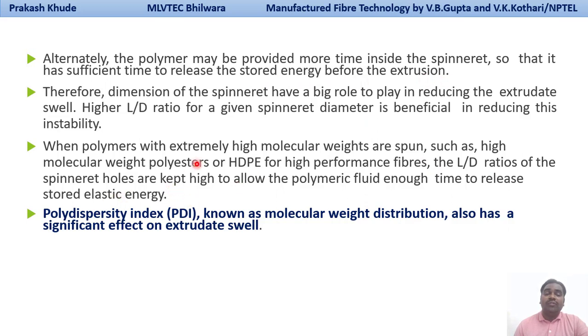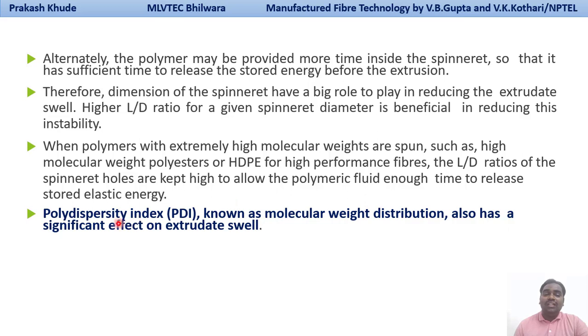So if you want to spin a high molecular weight polymer, such as HDPE or high molecular weight polyester, we need to keep the spinneret hole length to diameter ratio higher so that the polymer gets sufficient time to relax or release its stored energy before it is extruded.